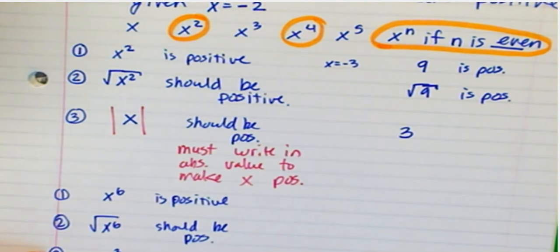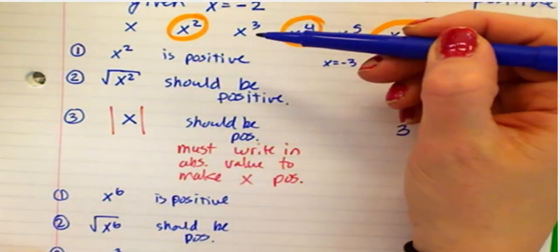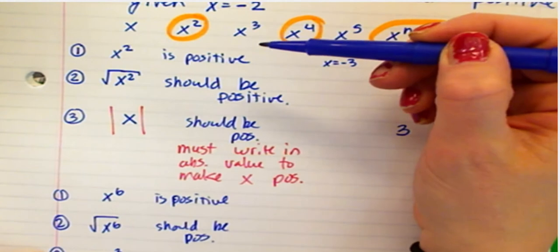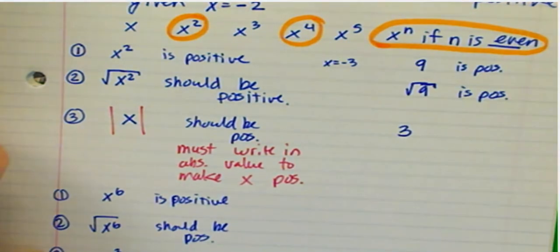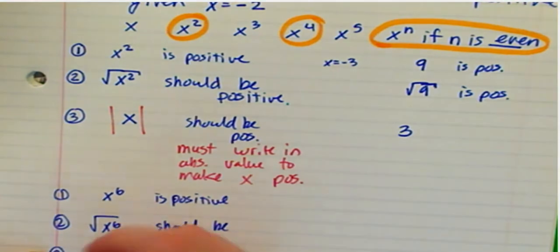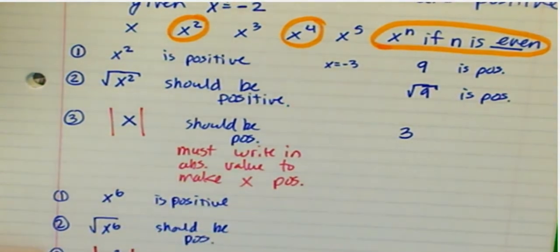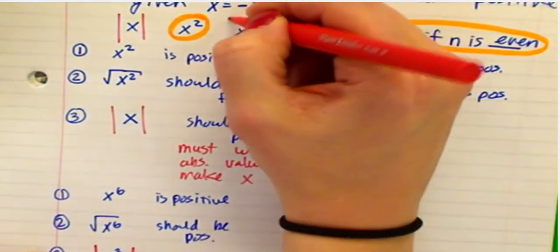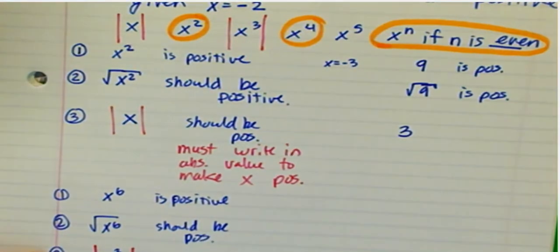Ooh, x cubed. X cubed is not circled. X cubed does not have to be positive. But for our work, if you're square rooting a positive number, your answer better be positive. See how it wasn't circled? I'm going to need to make it positive by writing in the absolute value.